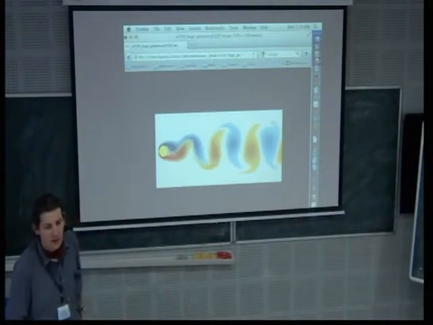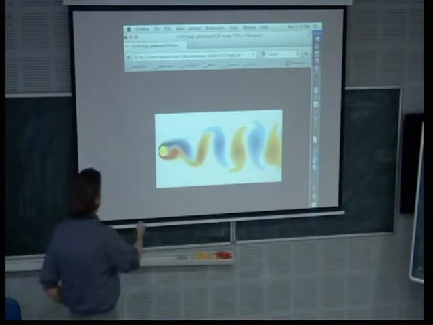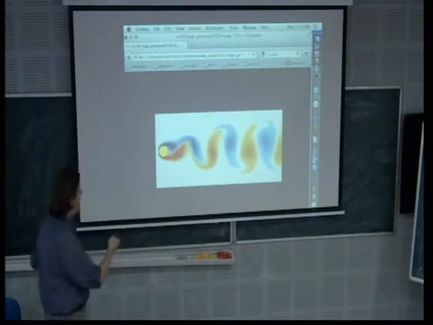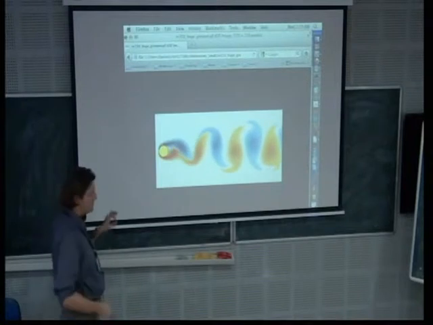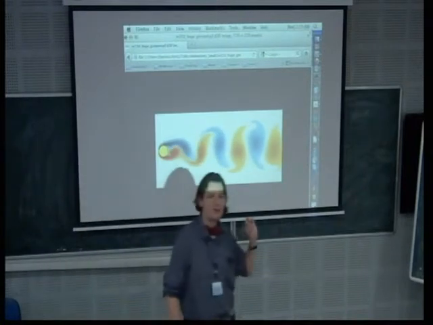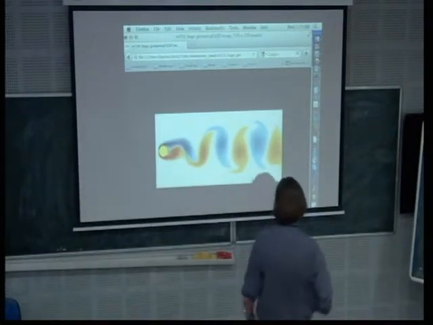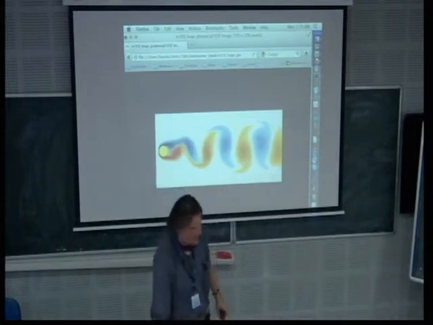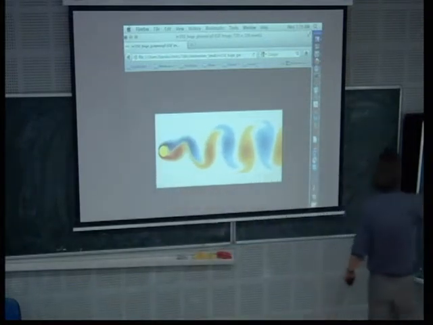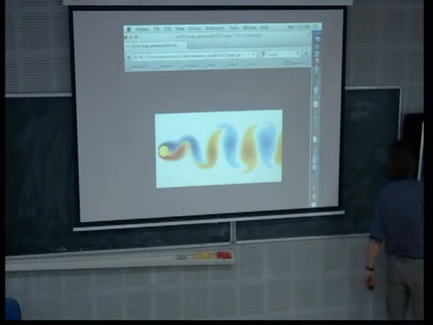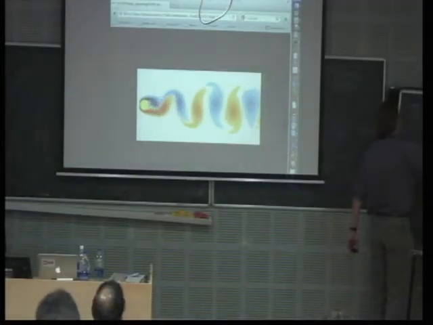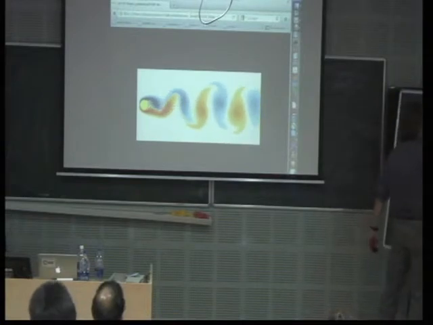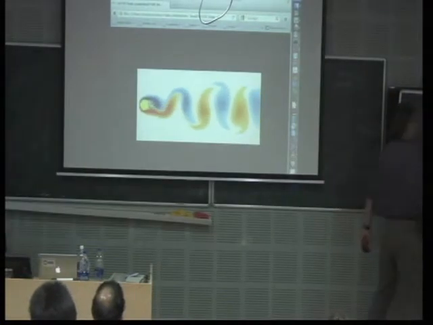Oh, sorry? Vortex. Yes. Okay. So yes, that's a good question. So what we see here are the time-dependent fields of vorticity. If we have a velocity field, okay, so the velocity field v for every time t is a function defined on the domain omega in our two-dimensional problem, whose values are in R2.